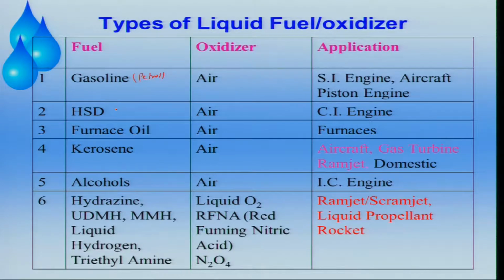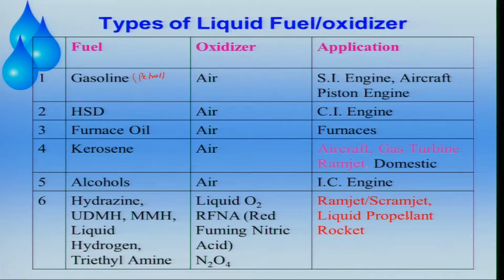Generally the normal diesel is used in automobiles, furnace oil is used in furnaces, and kerosene is used for domestic purposes, and also in aircraft engines, gas turbines and ramjet engines, of which I will be talking about the kinds of kerosene. And alcohol can be used in ICE engines.